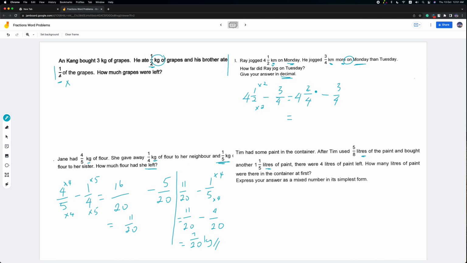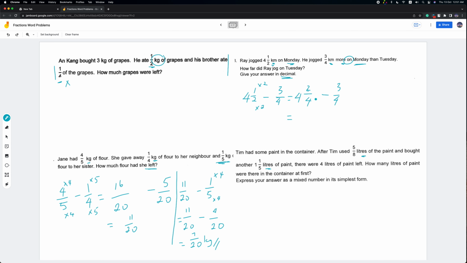I've seen a lot of students take 2 minus 3, so they take 3 minus 2, and they will say 4 1/4. Nope. That's not how you solve this kind of fraction. You cannot just decide, oh, the left number is smaller, so I will take the larger number and subtract the smaller number. Things don't work that way.